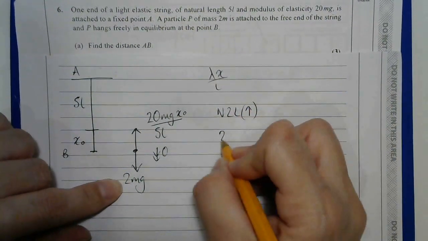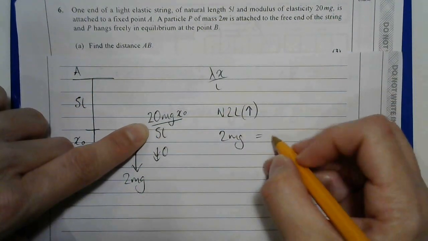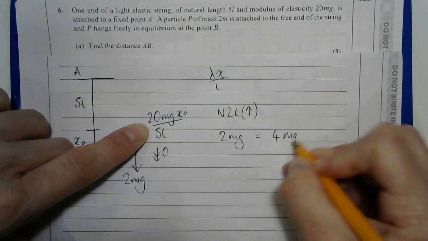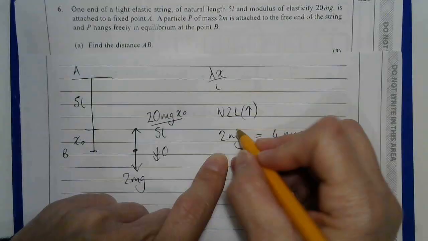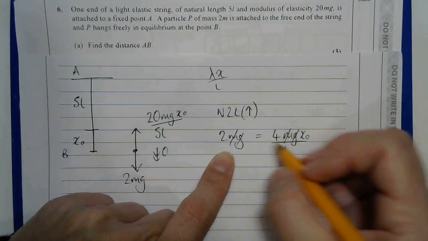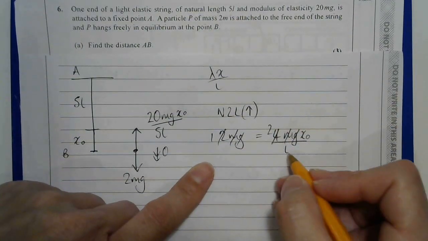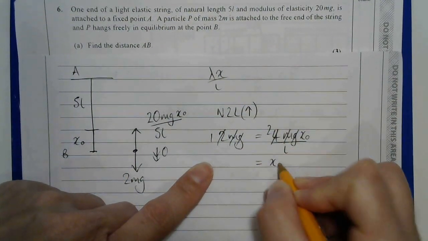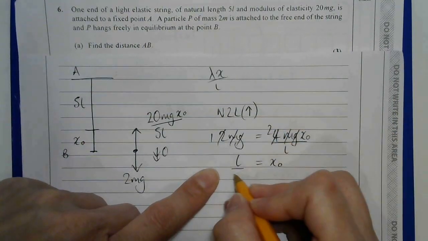So here I get 2mg equals, and 20 divided by 5 gives me 4mg x0 over L. Dividing both sides by mg and then by 2, and then to make x0 the subject, I multiply by L and divide by 2.